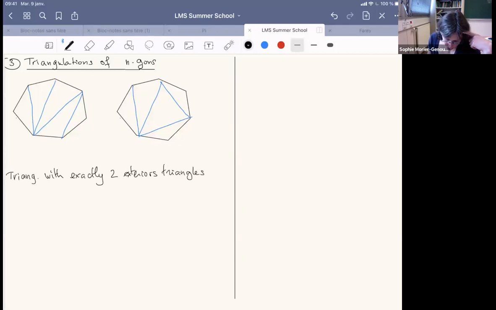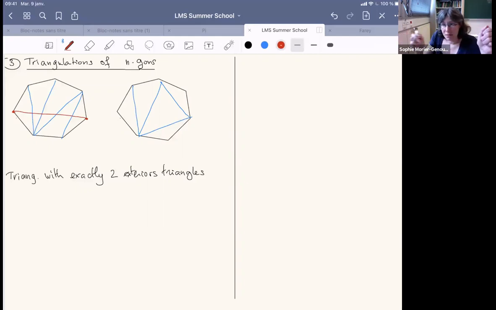In these triangulations, I have the following property. If I draw the diagonal that joins these external vertices, this diagonal will cross all the others in the triangulation. So I fix a triangulation in which I have exactly two exterior triangles.